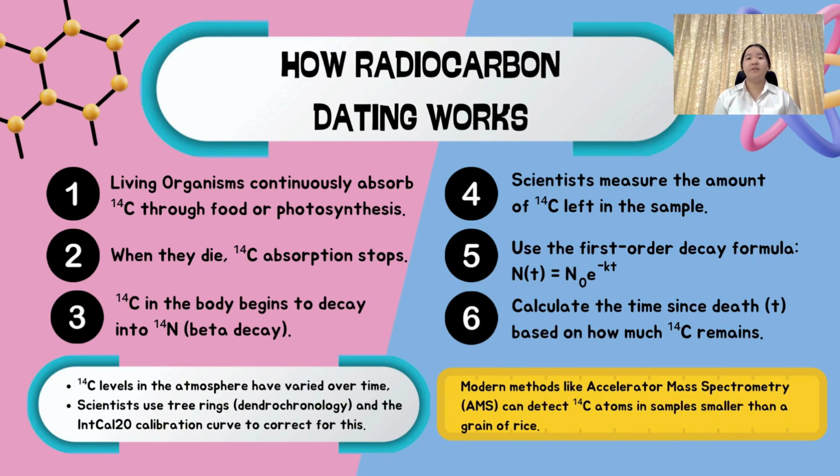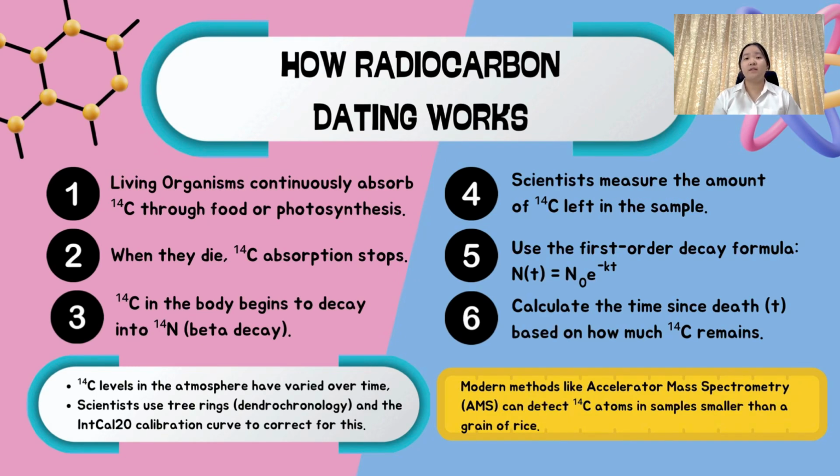One important thing to know is that the amount of carbon-14 in the air has changed a little over thousands of years. To make sure the dates are accurate, scientists compare the radiocarbon dates with other methods, like counting tree rings, which show the exact years. This helps adjust their results using something called a calibration curve, which shows the dates that match real calendar years.